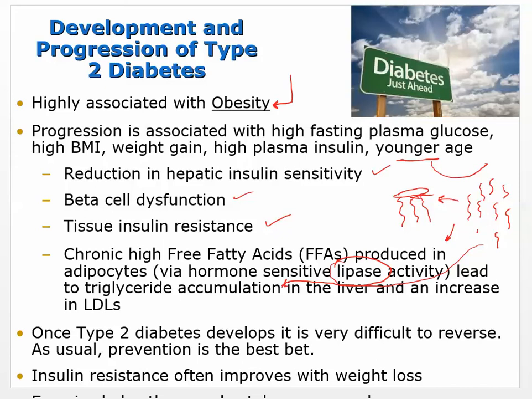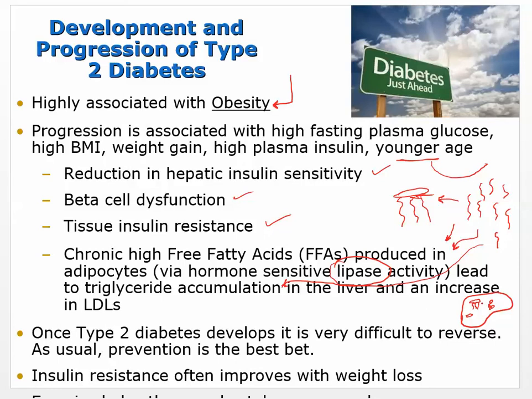And these fatty acids then can move out of the blood, and they can move to the liver, and the liver will then put those together as triglycerides and makes cholesterol. Okay, so cholesterol.